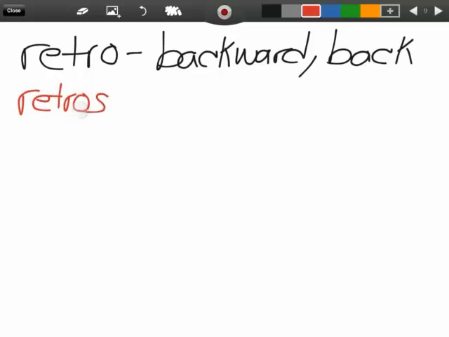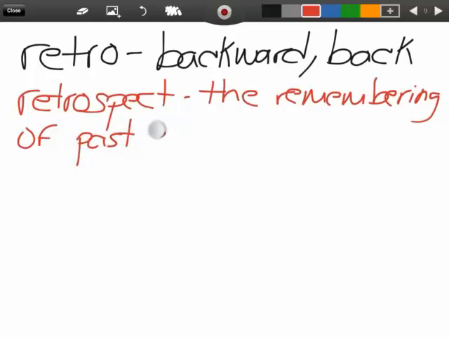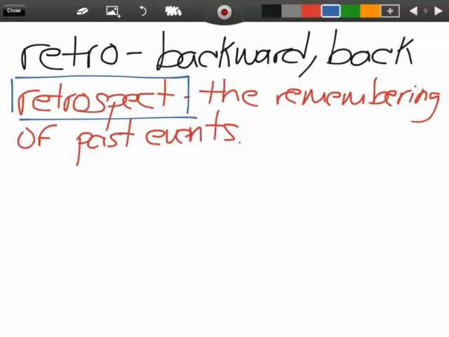Retrospect, meaning the remembering of past events. I'm going to go ahead and use this in a sentence now.